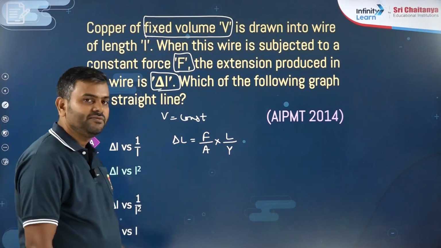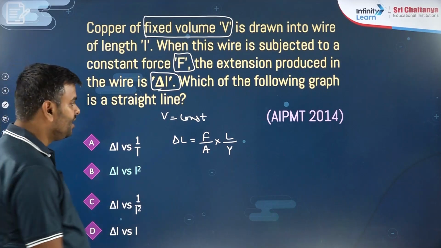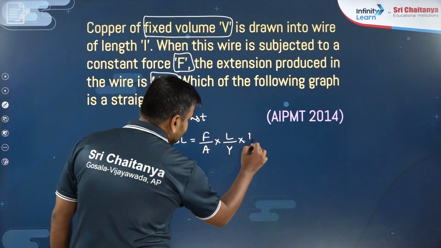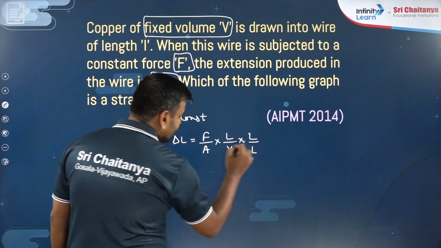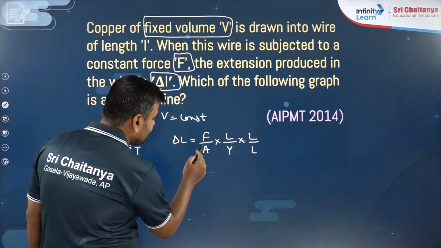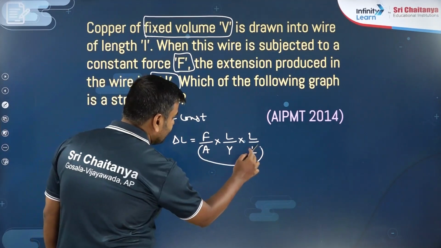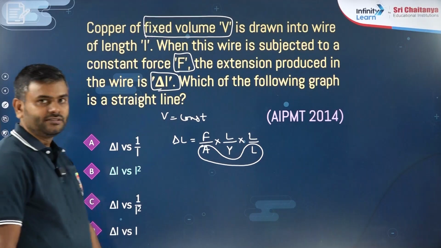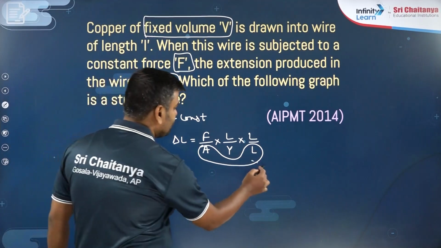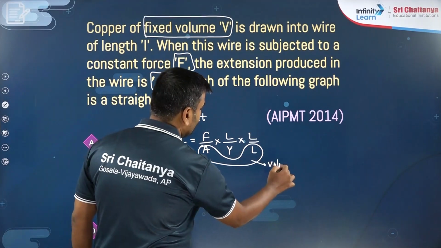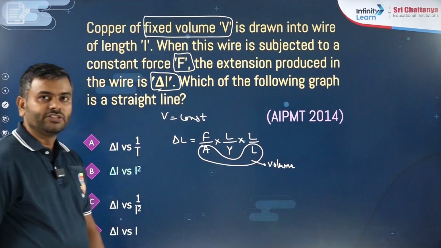So this will be the relation we have for the calculation of delta L. If I multiply this and divide with L, you can see that A is what we have. This A is the area of cross section, and when we multiply it with the length of the wire, it will give us volume. And we know that volume is constant.